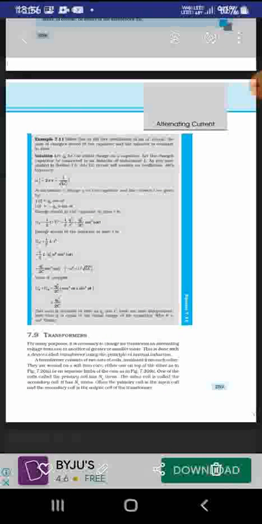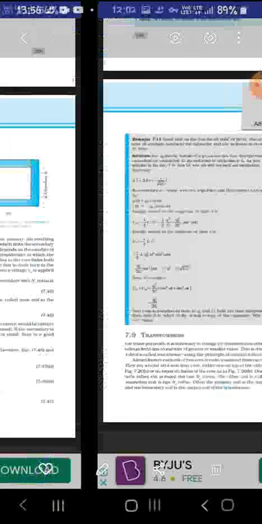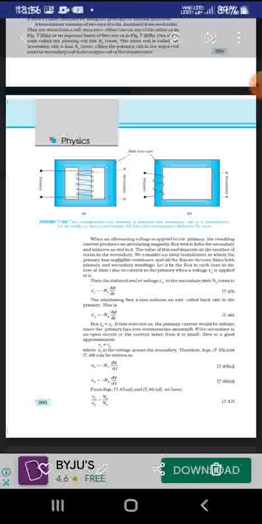One coil is called the primary coil, which has Np turns, and the other coil is called the secondary coil, which has Ns turns. The primary coil is the input coil that takes the current, and the secondary coil is the output coil that gives the current outside the transformer.